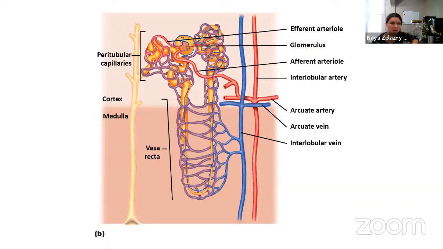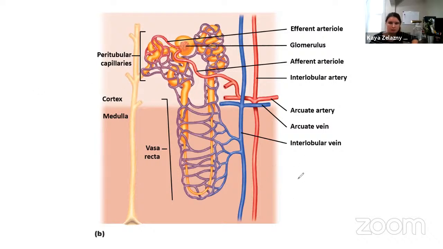And then we are going to our distal convoluted tubule, distal because it's later on, convoluted because it's twisty. And then we are going to go into our collecting duct. So that was the nephron part, but what we have labeled here on this slide is the blood flow. Okay, so I'm going to trace that as well for us.